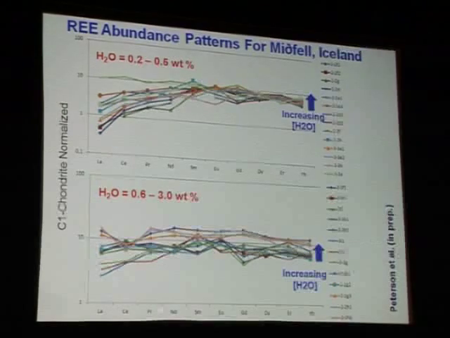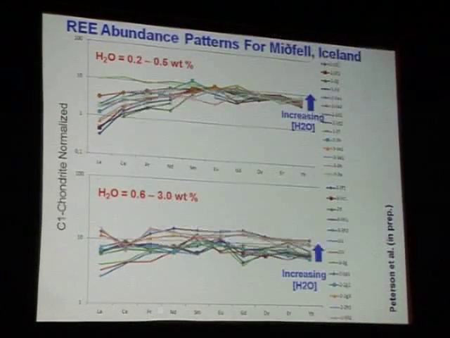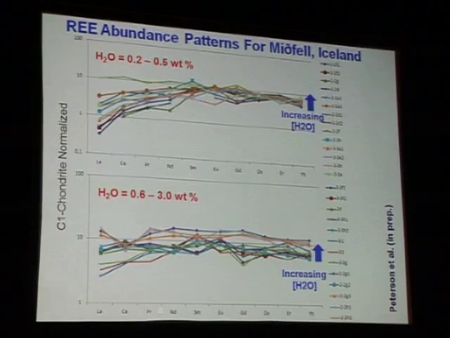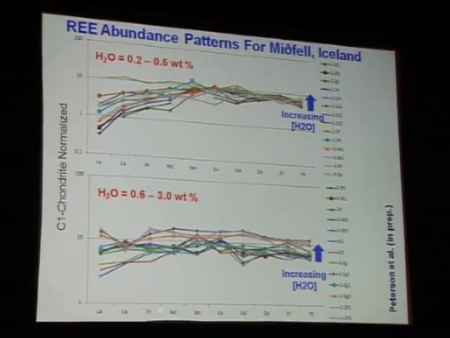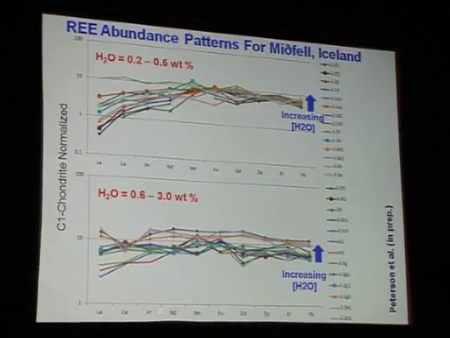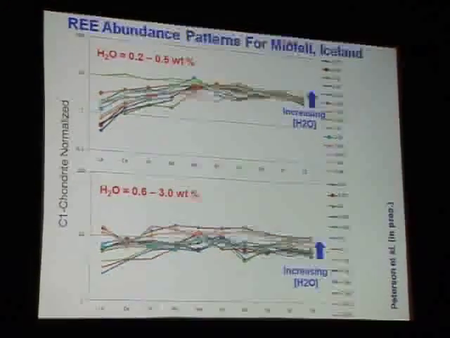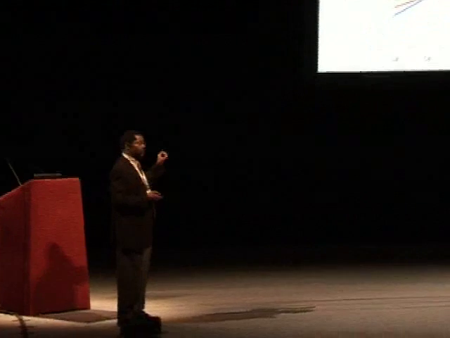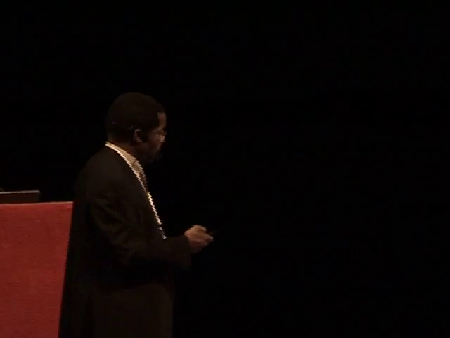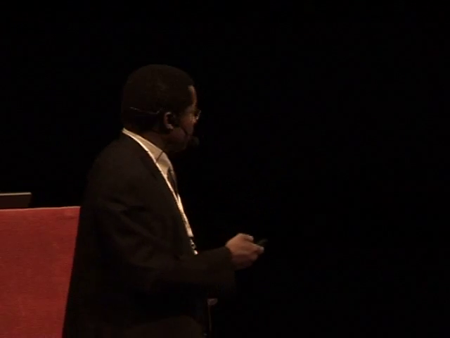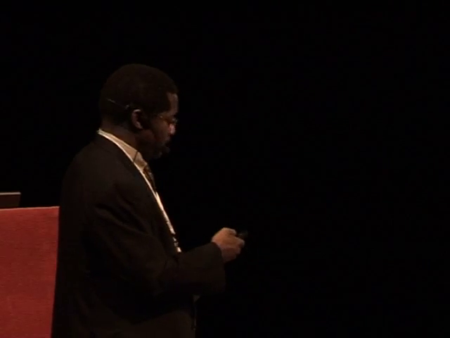So considerably more depleted in the light rare earth elements in this diagram compared to these melt inclusions with high water. So in other words, the water characteristics we're looking at here have to be a primary feature of the magma rather than being a superficial imprint that has been added by subsequent alteration.